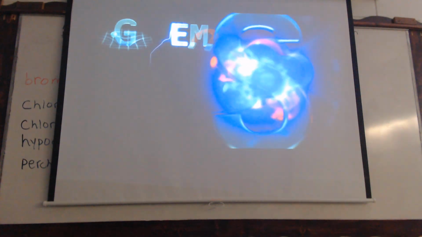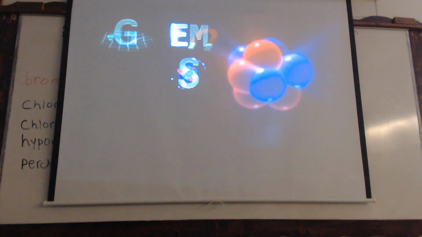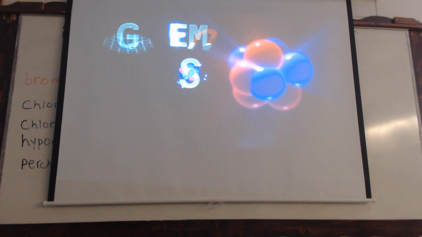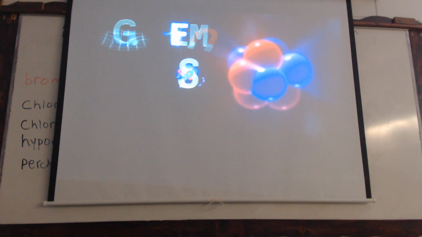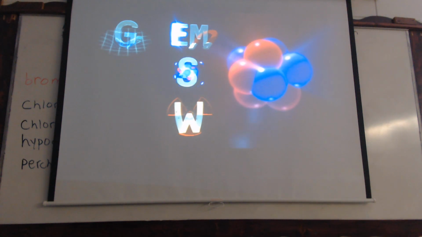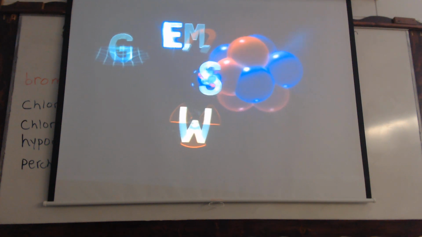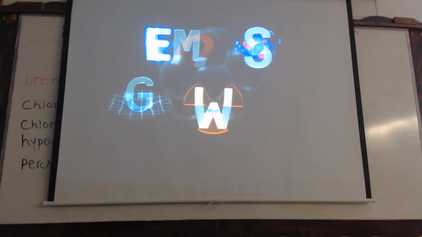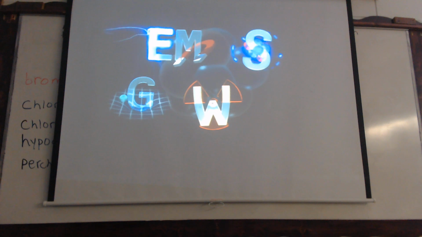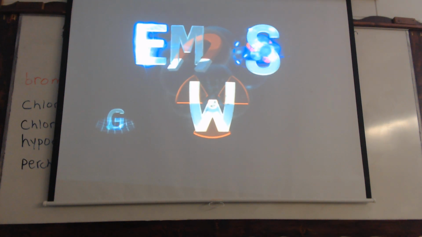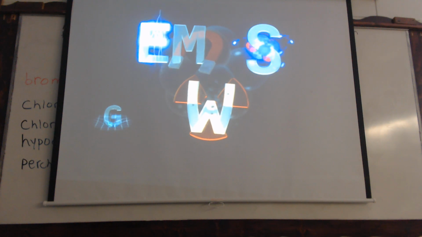One, dubbed the strong nuclear force, acts like a superglue, holding the nucleus of every atom together, binding protons to neutrons. And the other, called the weak nuclear force, allows neutrons to turn into protons, giving off radiation in the process. At the quantum level, the force we're most familiar with, gravity, was completely overshadowed by electromagnetism and these two new forces.